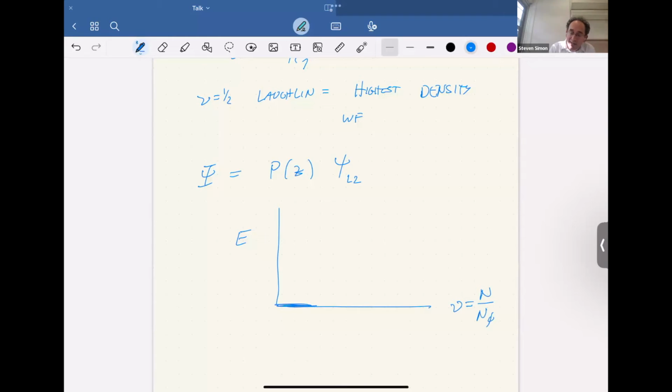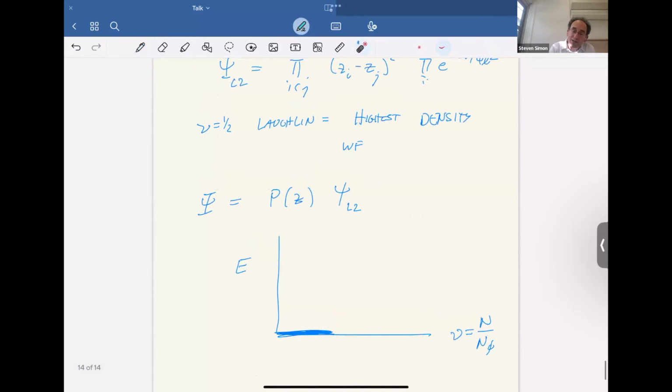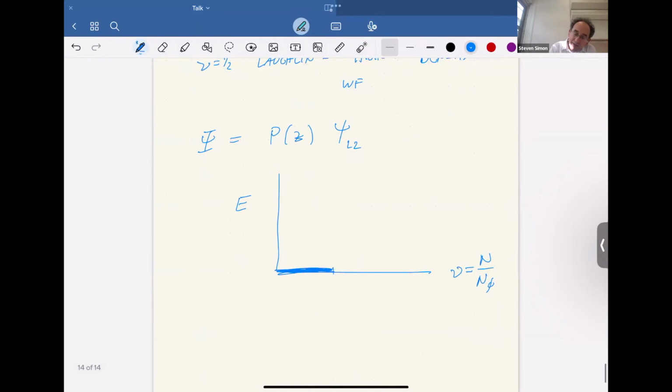At low density, the energy is 0. You can always write wave functions of this form. But then when you get to filling 1/2, you get the highest possible density state. This is Laughlin at 1/2, at nu equals 1/2.